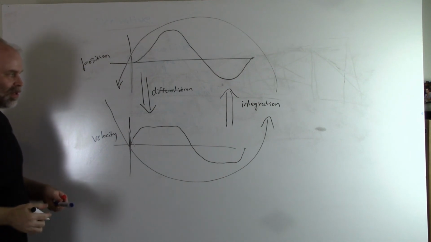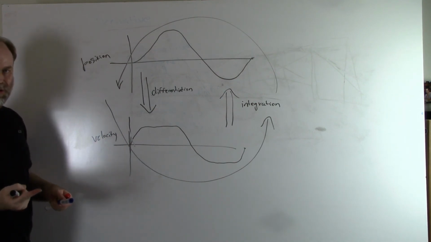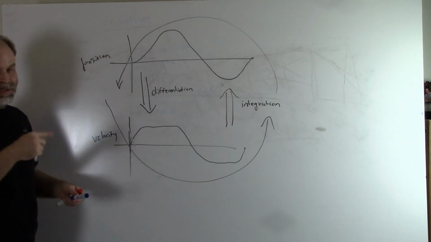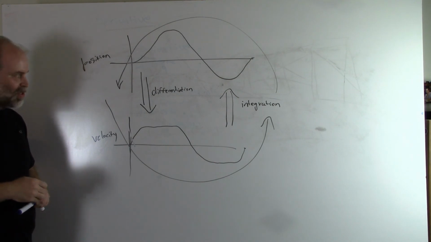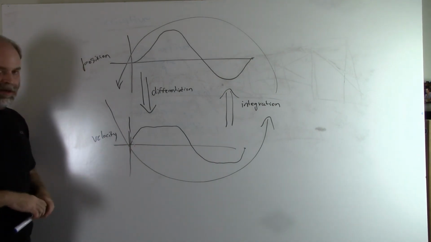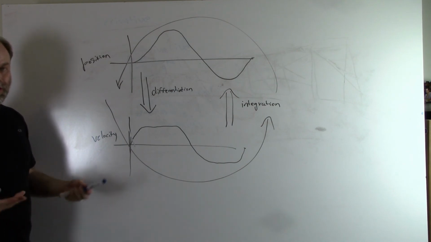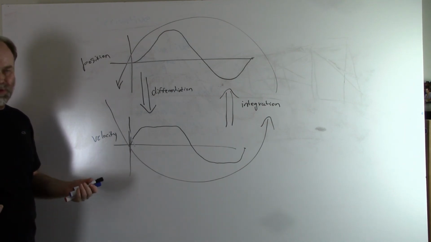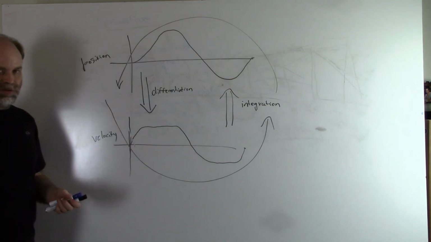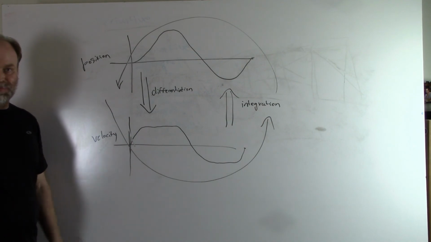In other words, differentiating and then integrating something brings you back to the same. Likewise, integrating and differentiating something, again, brings you back to the same. It's very clear from this picture and physically obvious that this is what happens. And that is the fundamental theorem of calculus, which expresses the relationship between these two basic operations. And that's it. That's the whole thing.